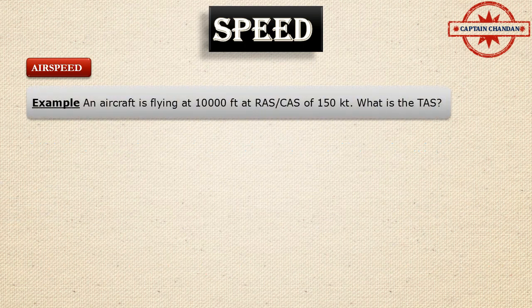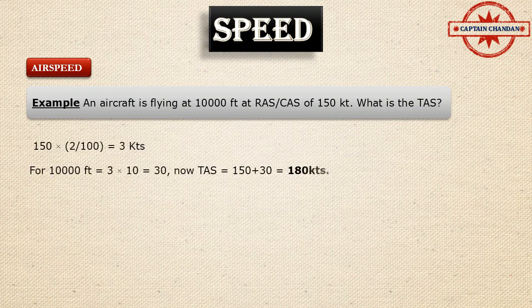For example, an aircraft is flying at 10,000 feet at rectified airspeed, or you can say calibrated airspeed, of 150 knots. What is true airspeed? We can calculate this type of numerical by using a flight computer, but now we will solve using the formula.